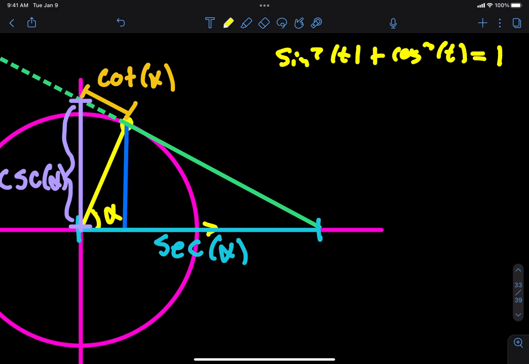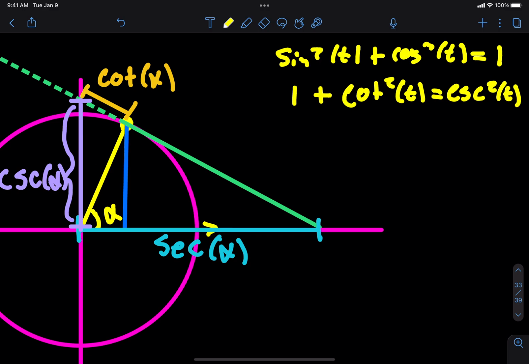What did we have? We had 1 plus, if I divide by sine squared, I'm going to get cotangent squared of t, and dividing by sine squared, I'm going to get cosecant squared of t. Why should this be true?